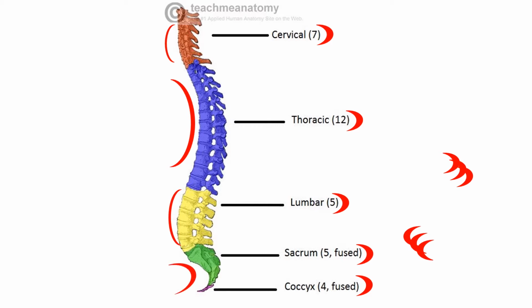And then we have the coccyx or the coccygeal vertebrae. They are what is called the tail part of the vertebral column, and they are fused, and when fused they make a triangular structure, and we are not concerned about their number, and they are usually 4 or 5.